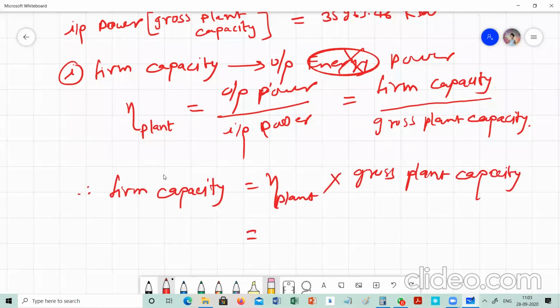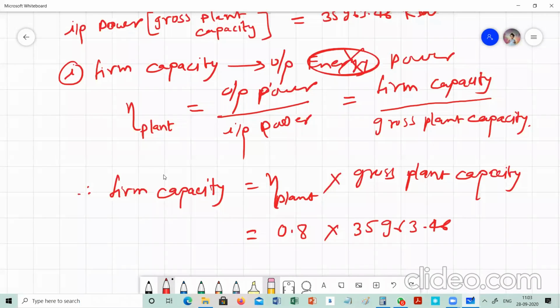Eta plant they have given as 80%, that is 0.8, into gross plant capacity we have calculated as 35,963.46.